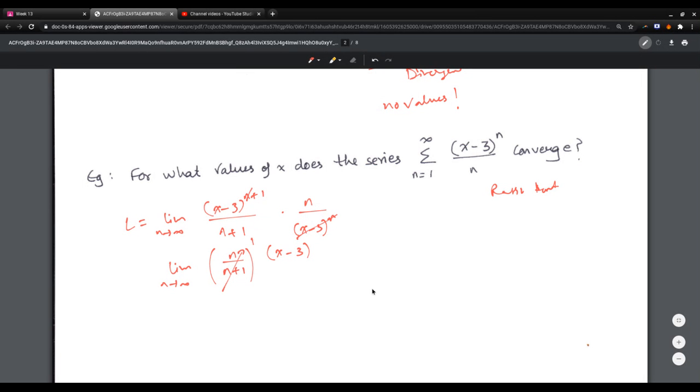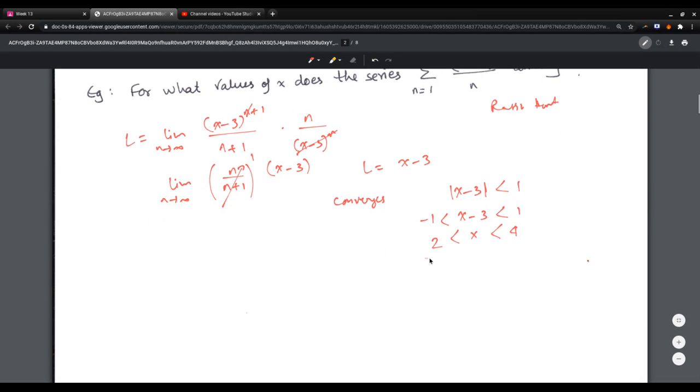This limit we know is 1. So this ratio is the absolute value of x minus 3, and we know by the ratio test this converges if the ratio is less than 1, or x minus 3 is less than 1 and greater than negative 1, or x is less than 4 and greater than 2. Okay, so for these values it converges. For other values of x, it diverges.